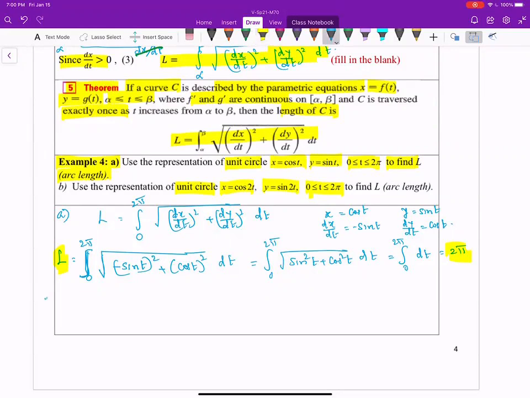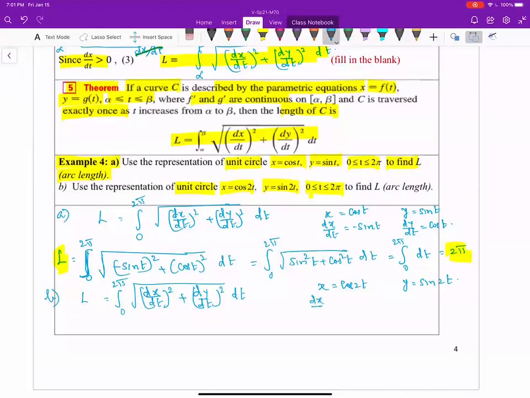So let's see part B. The same formula, L equals the integral 0 to 2 pi of the square root of (dx by dt) the whole square plus (dy by dt) the whole square, dt. x is given by cosine of 2t and y is given by sine of 2t.